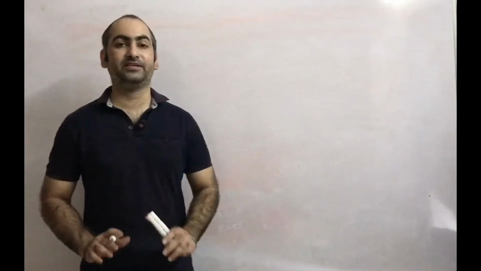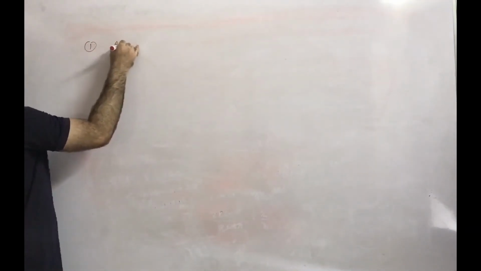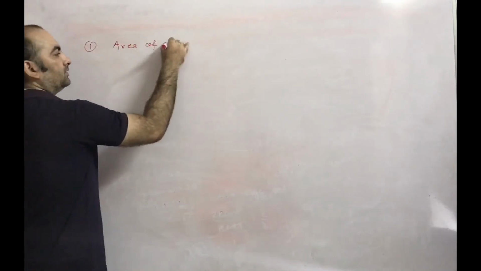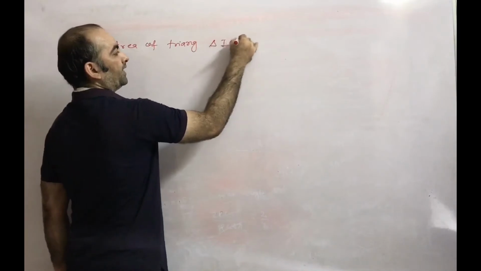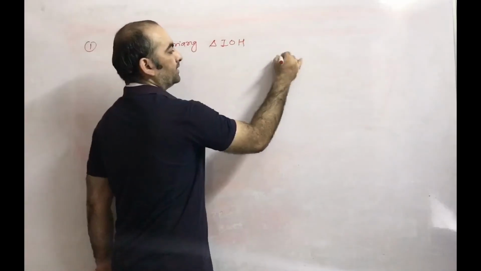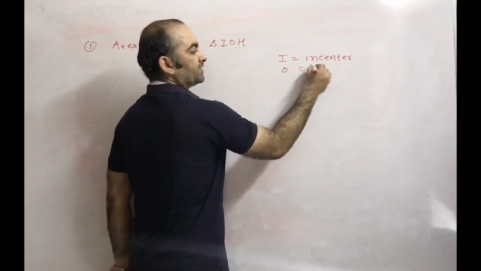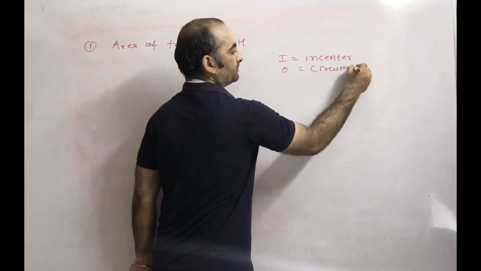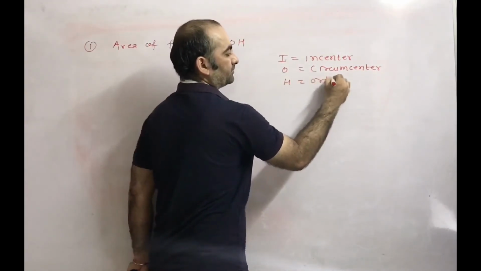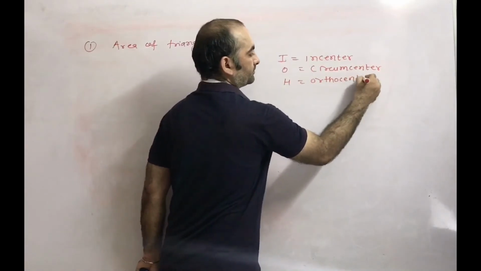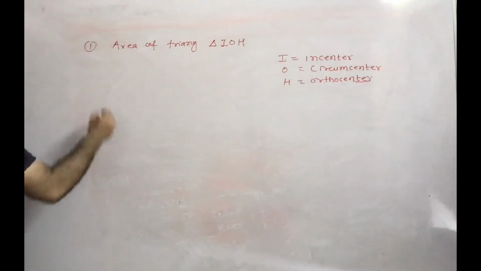Next we are discussing two important formulas. The first formula is the area of triangle IOH, where I is the incenter, O is the circumcenter, and H is the orthocenter. This area we have to remember directly.